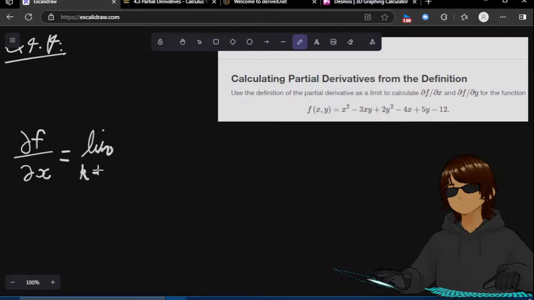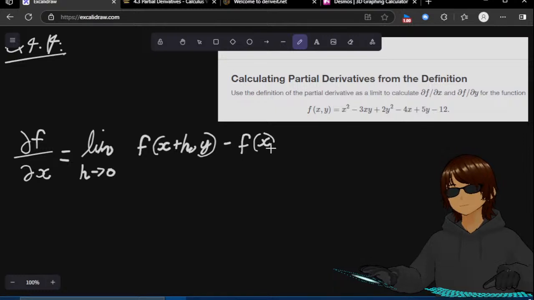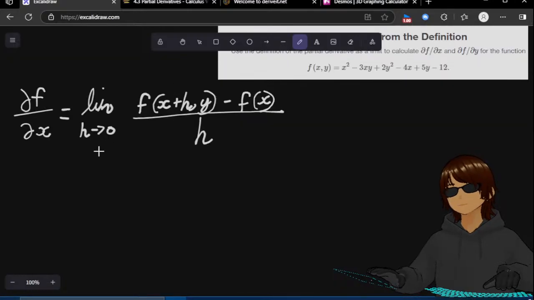Limit as h approaches 0. Now what? Limit as h approaches 0.